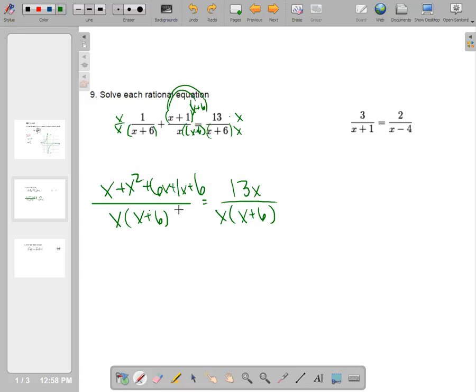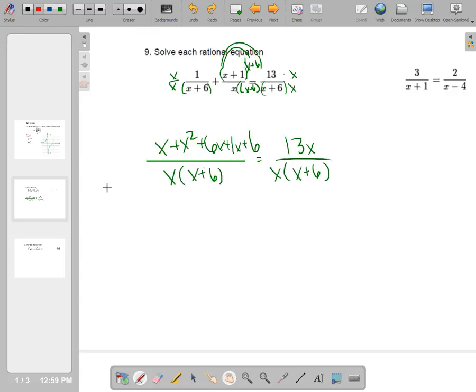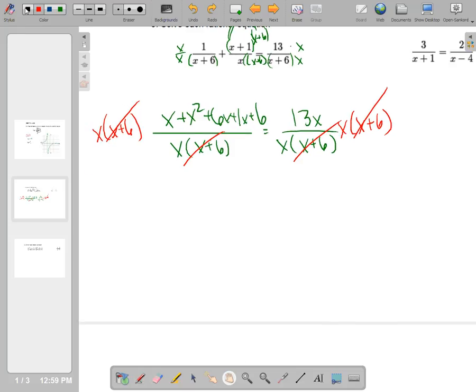Now the cool thing about doing it this way is now that you have x times x plus 6 as the denominator on both sides, you could clear the fraction by multiplying both sides by x times x plus 6. So now it's gone. And now all I need to worry about is over here, I can combine some like terms. I have x squared plus 6, 7, 8x plus 6 equals, on the right side, I have 13x.